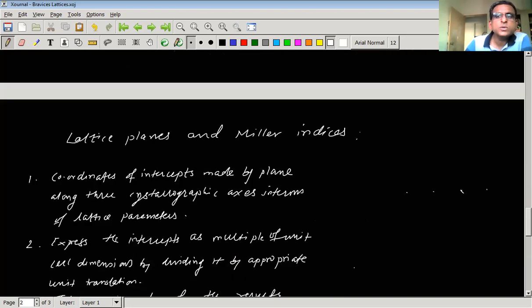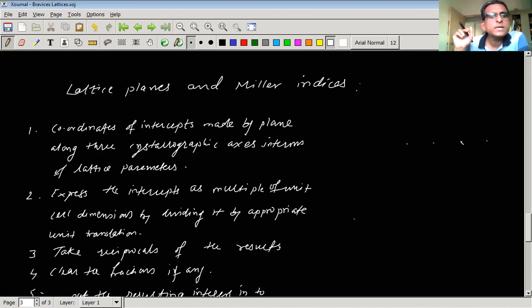Now with this we will come to today's topic, lattice planes and Miller indices. As usual, let us start with the lattice. Suppose this is a lattice, and more correctly, these are the lattice points, and we can imagine different planes in this lattice.